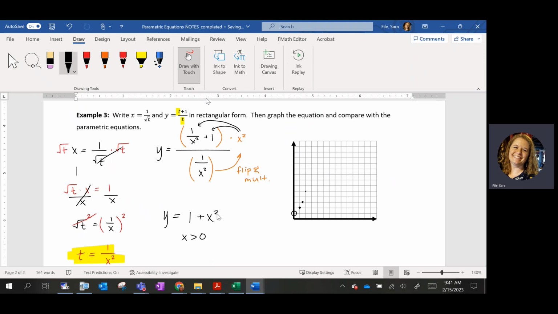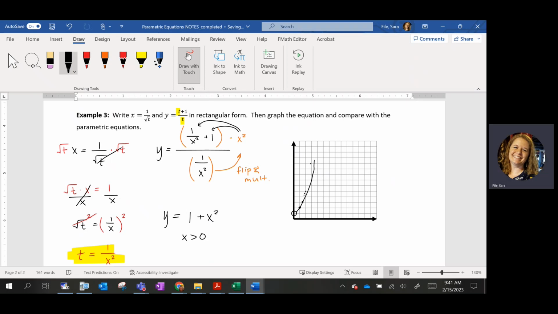But the quadratic form in rectangular form is going to be more helpful for getting us points up here to guide our curve. So for instance, if I plugged in a 3, that would be 10, right? Because 3 squared is 9 plus 1 is 10. So that can help guide.